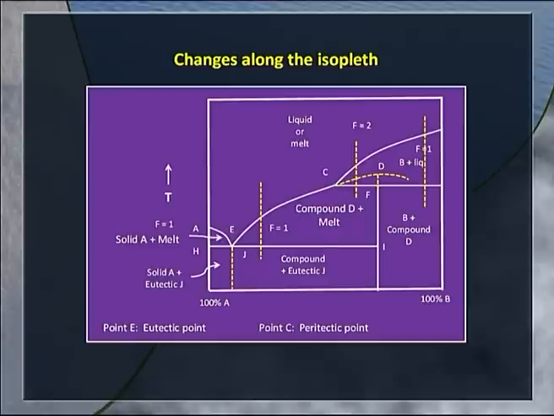Now it becomes a three-phase system and the system is invariant. The temperature becomes constant. It is the peritectic temperature, and now the temperature can decrease only when one of the phases disappears. Now you have melt and solid, competition sets in, the reaction sets in, and in the process ultimately you have the melt disappearing from the scene and you are left with only solids.